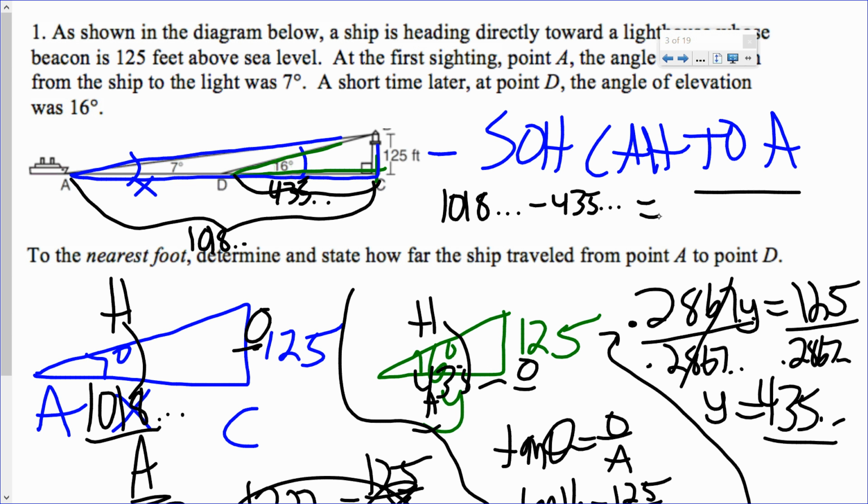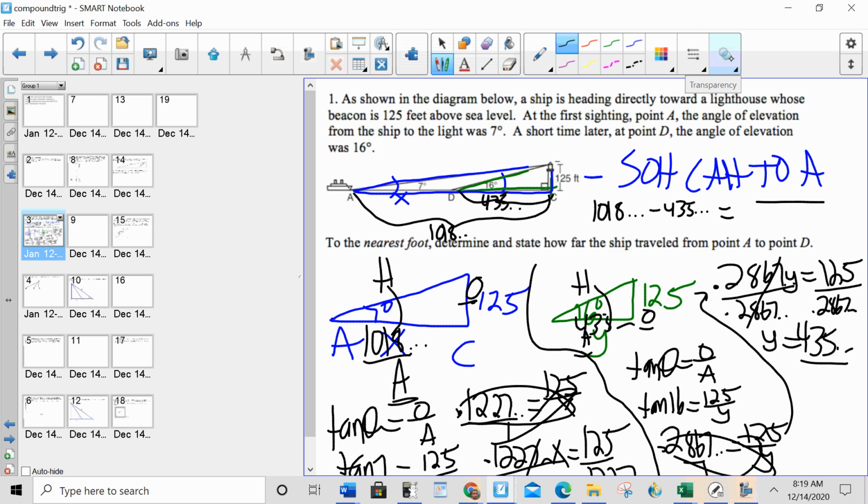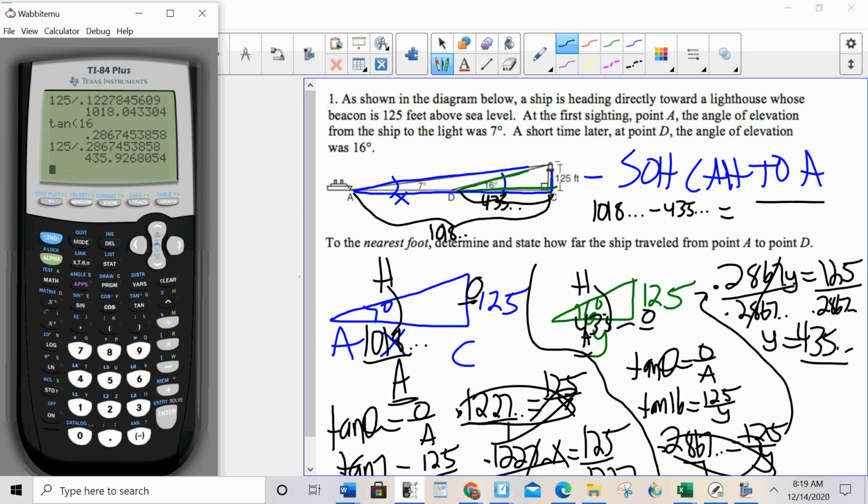That will give me my answer. Again, those dot dot dots mean I'm not subtracting 1018 and 435, I'm subtracting the whole long decimal. So I'm going to tab up so that the 1018 point whatever is highlighted, hit enter, minus, tab up so the 435 is highlighted, hit enter. Now that I'm done, I'm at the very end of the question.